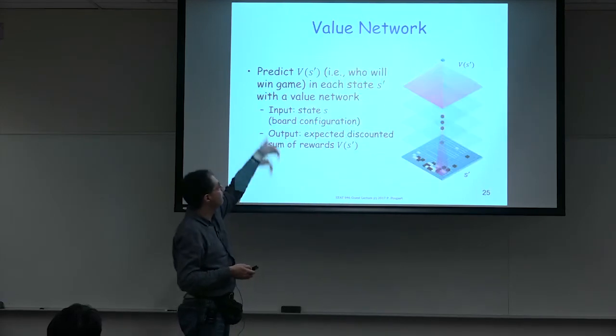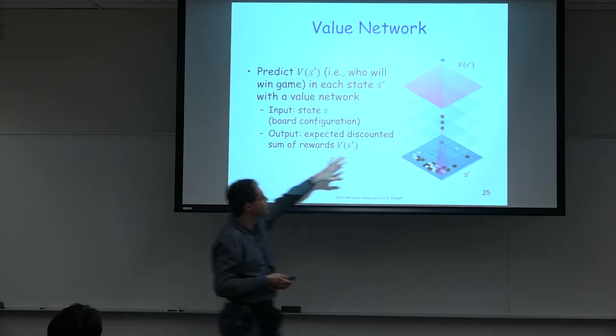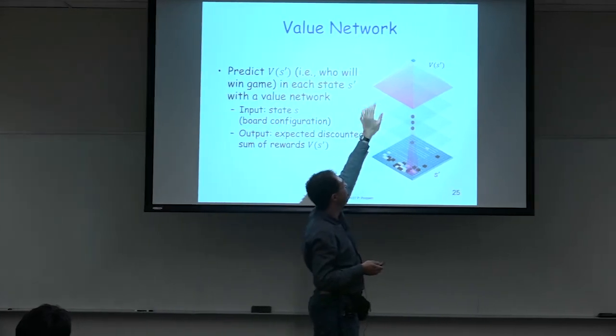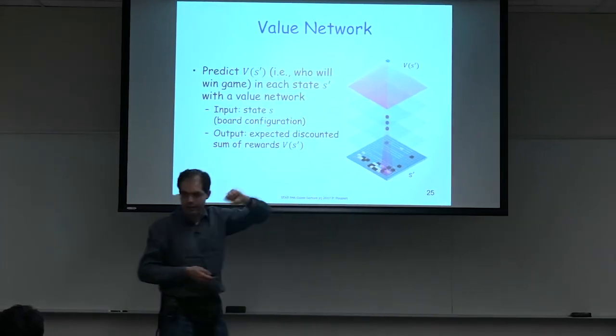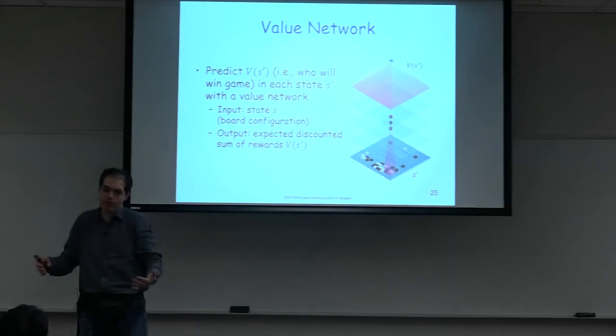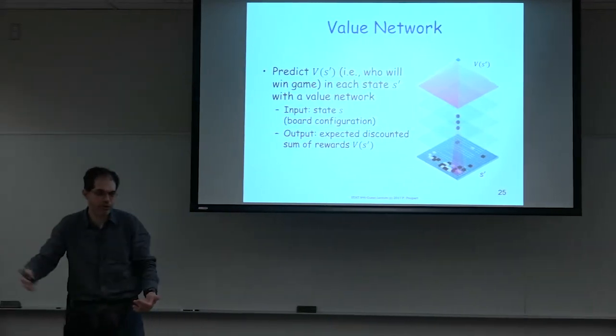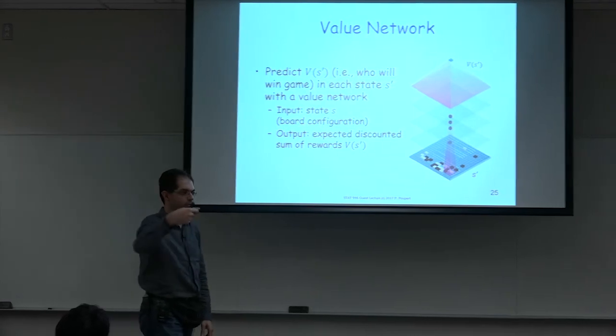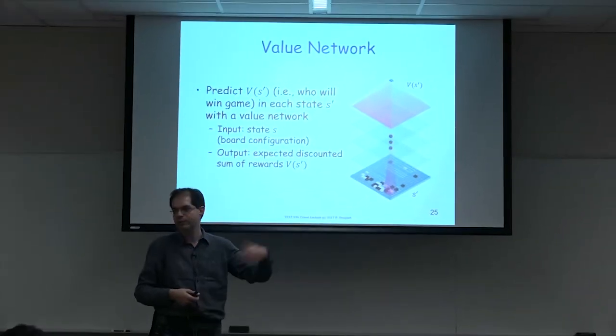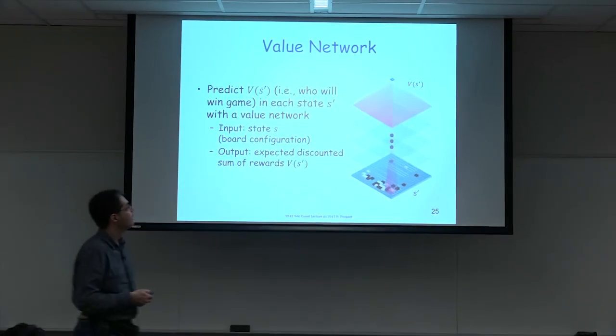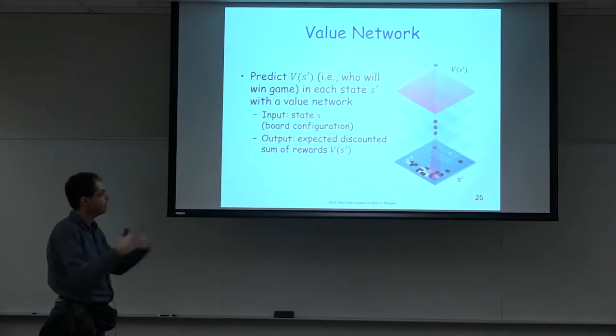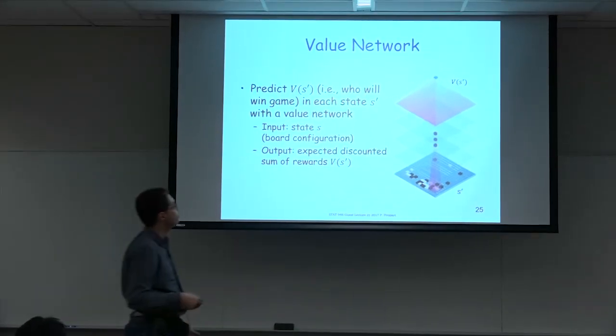So when we train a value network, at the end it produces one number, and that number is going to be between -1 and +1. If it's close to +1, it means win. If it's close to -1, it means lose. Okay? So it'll try to predict in this fashion who's going to win.